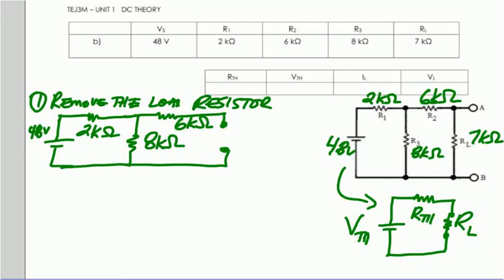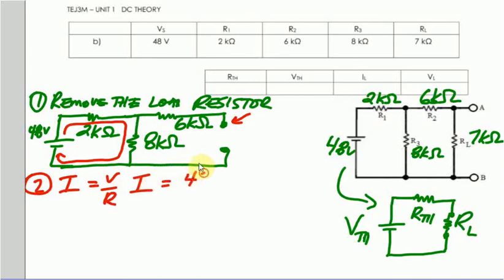Step number two. What we're going to do is now find the current running from here to here and back to here. Because we removed the load resistor, there's no current flowing over in this part here. So let's figure out what that current is. So current is equal to voltage over resistance.